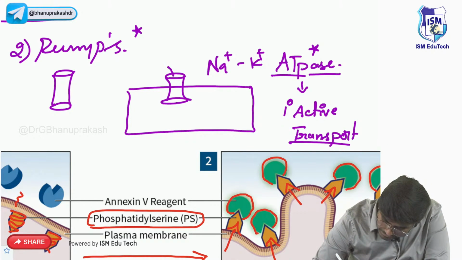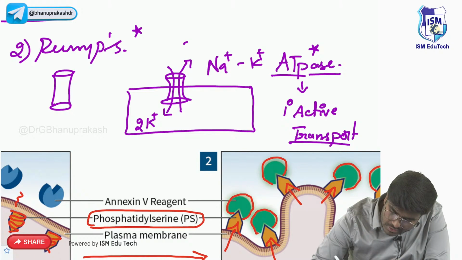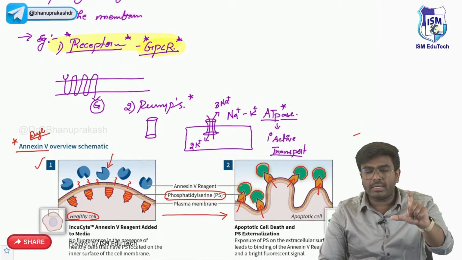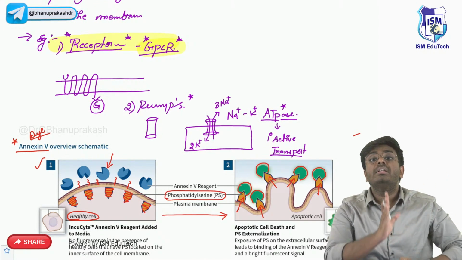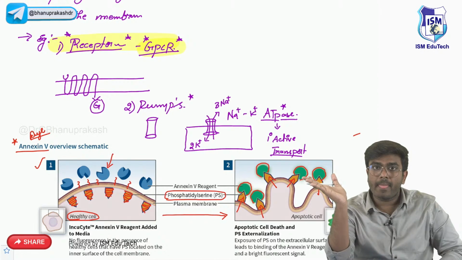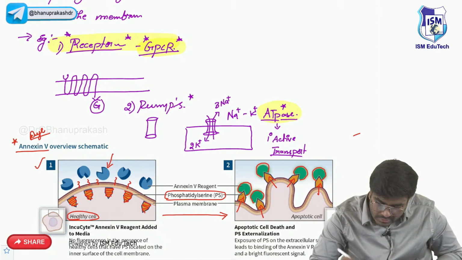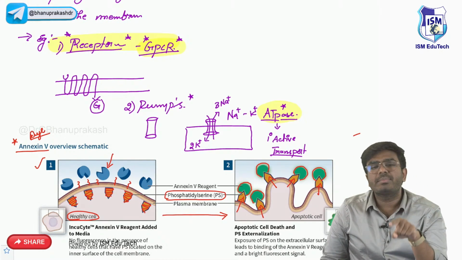It's a protein channel. It brings 2 potassium ions into the cell and throws 3 sodium ions out of the cell, using ATP. So these pumps are also an example of transmembrane proteins.